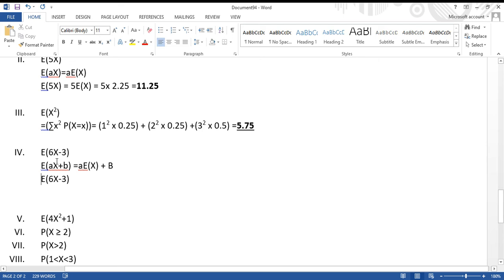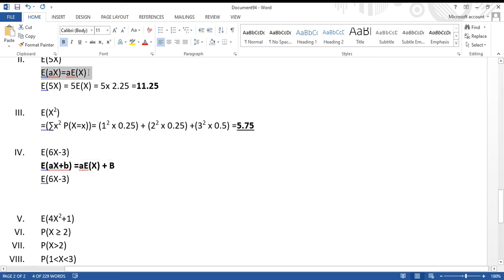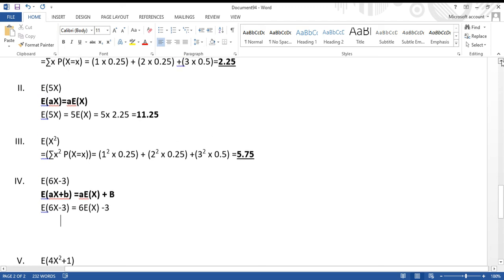These are the rules you should follow when doing such questions. This is basically a rule that you must follow. Even this one here, this is also a rule. So our a is 6, so we'll say 6 times E(X), minus 3. How did we get our expected value?